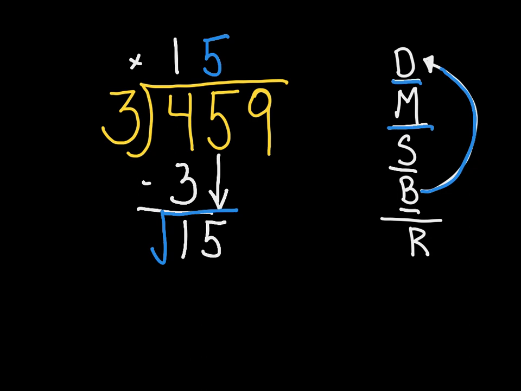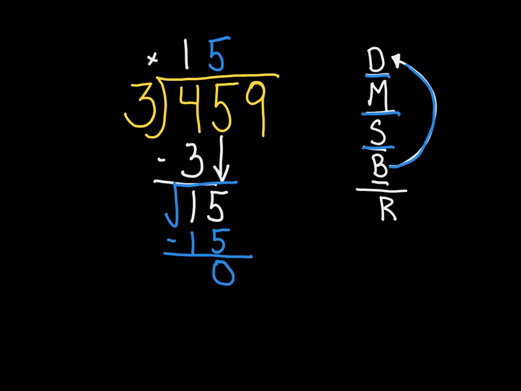Mom tells us to multiply. 5 times 3 is 15. Sister tells us to subtract. We get a 0. There is another number to bring down, and that's a 9. So Brother tells us to bring down. Now, after we bring down, we need to go back to dear old Dad, and he tells us to divide. 3 goes into 9 3 times.